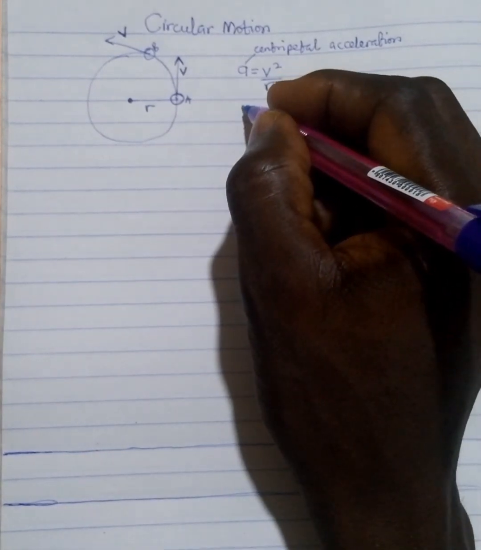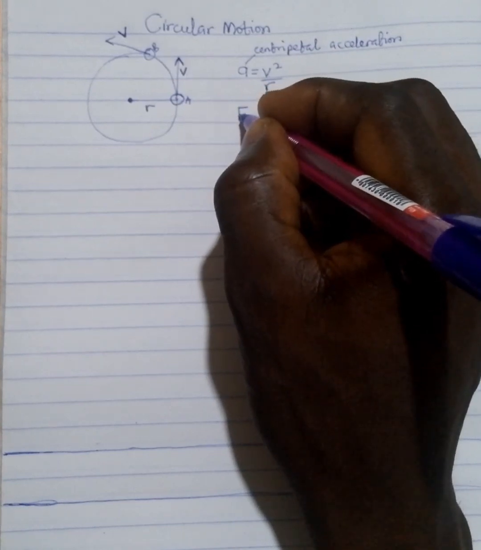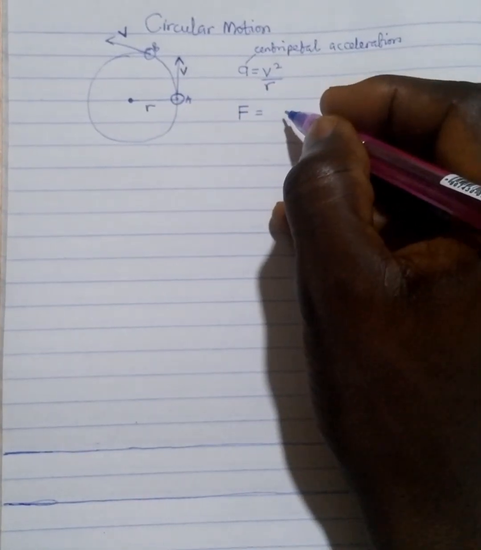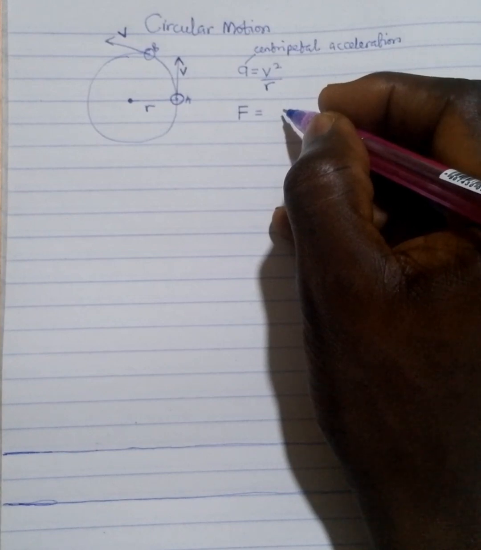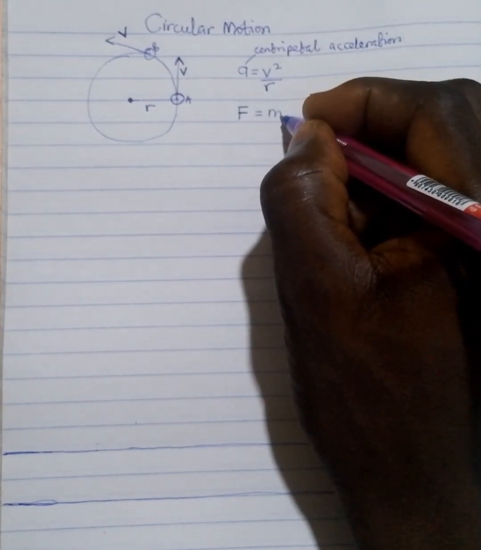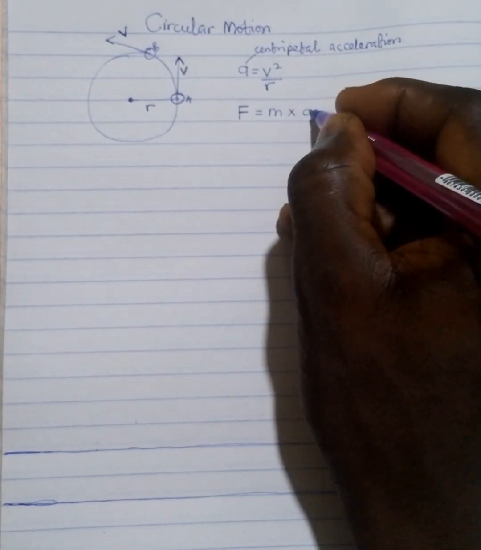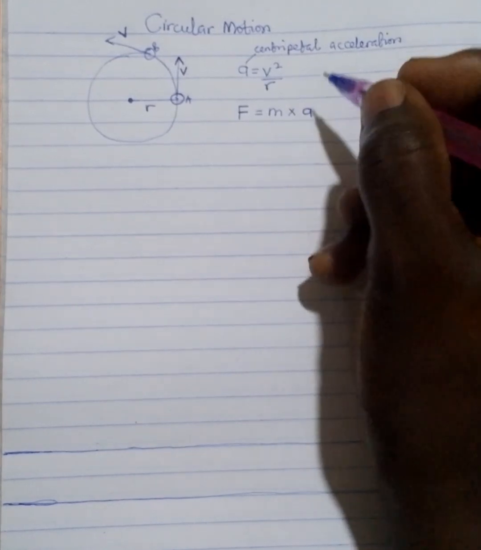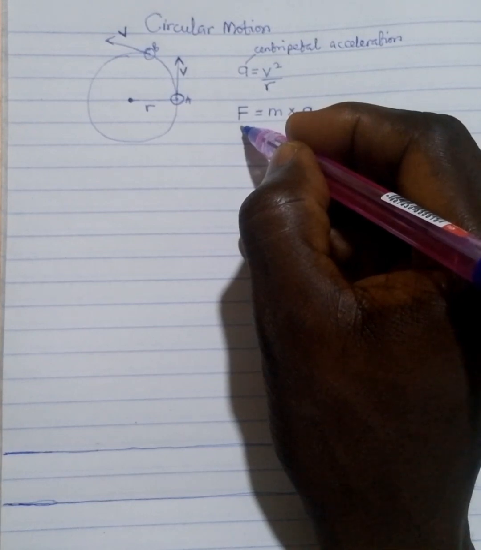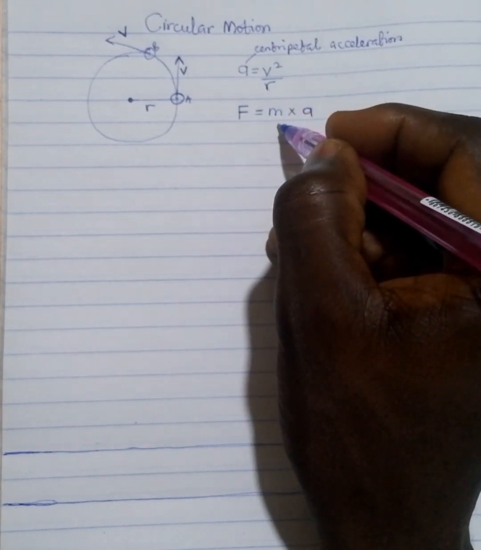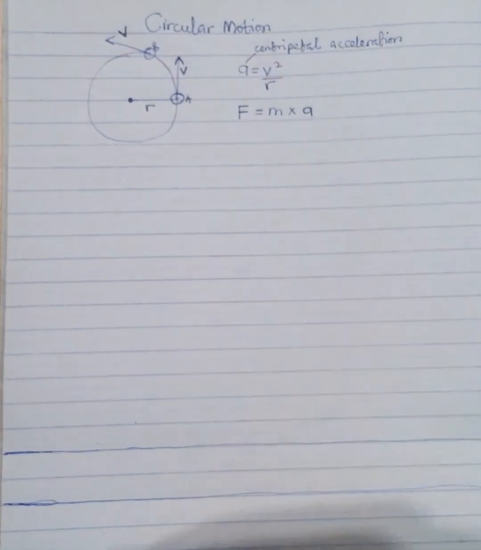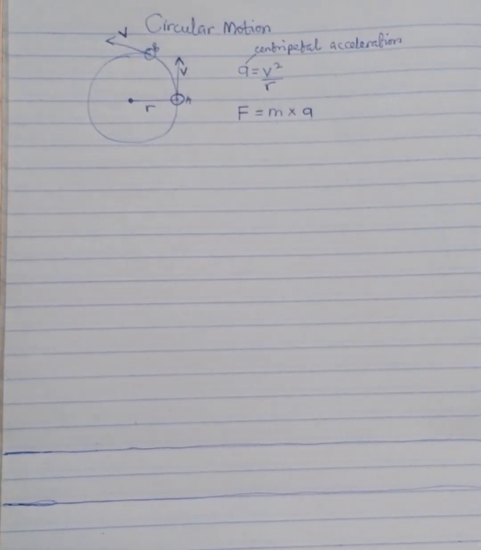And we already know that to calculate the force on an object, we multiply the mass of the object and the acceleration of the object.